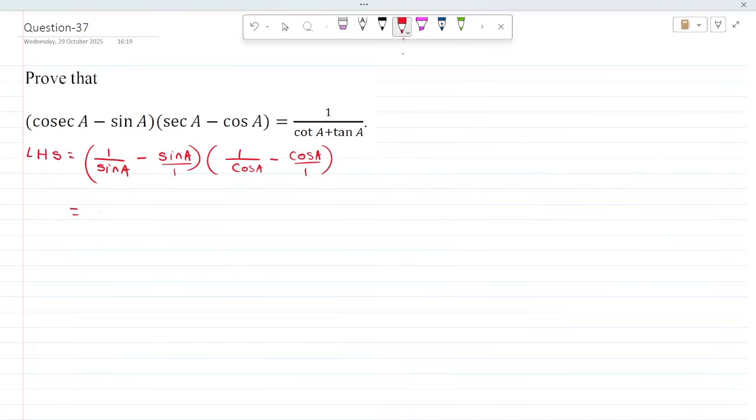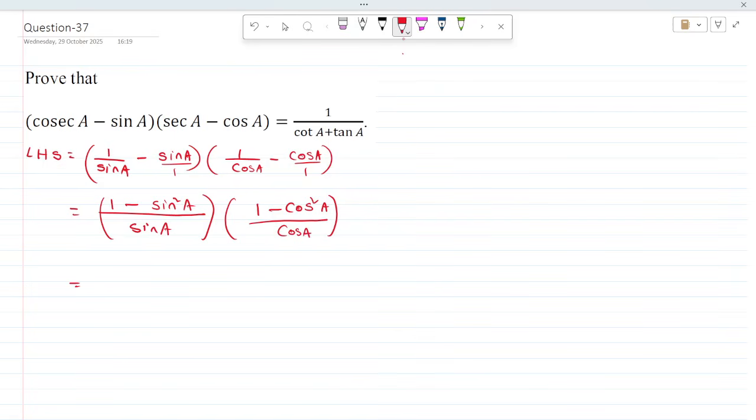Proceed now. What will you get? Sin A, 1 minus sin square A, whole divided by sin A, into 1 minus cos square A whole divided by cos A.